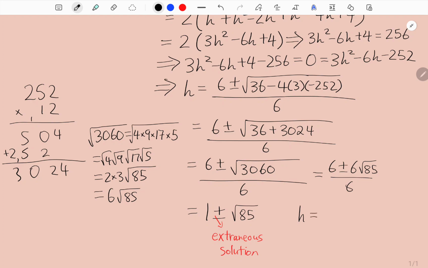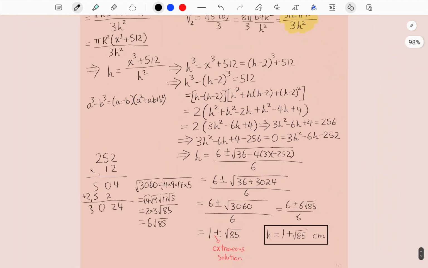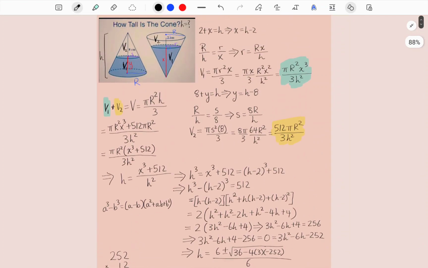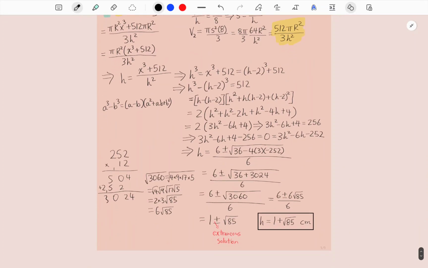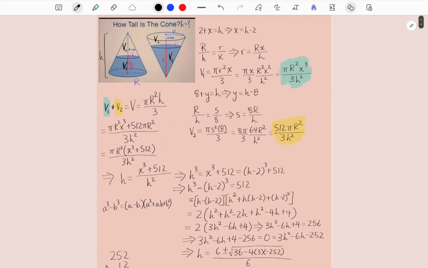So h is equal to 1 plus the square root of 85, which is like 10 point something centimeters. That's not a nice number, but there you have it. This is very cool.